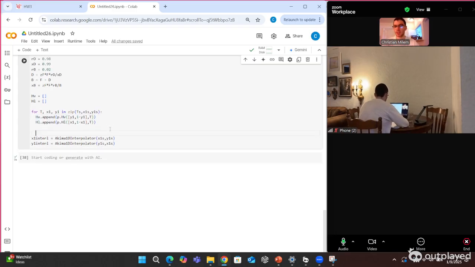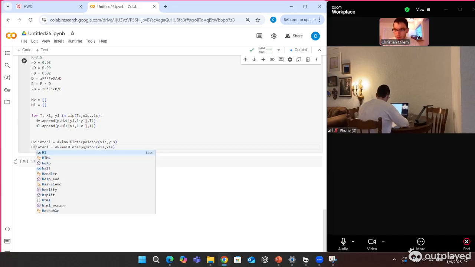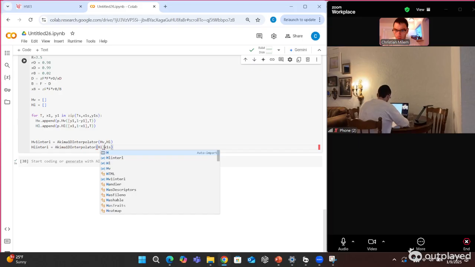Then we're going to use the interpolator as well, although this needs to be now HV interpolate, and then HL. And then we have HV, HL, and this is HL, HV.